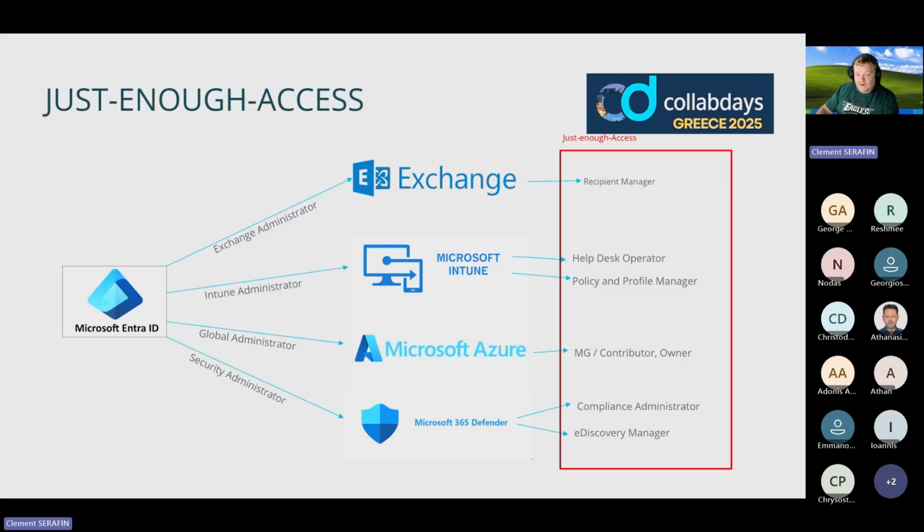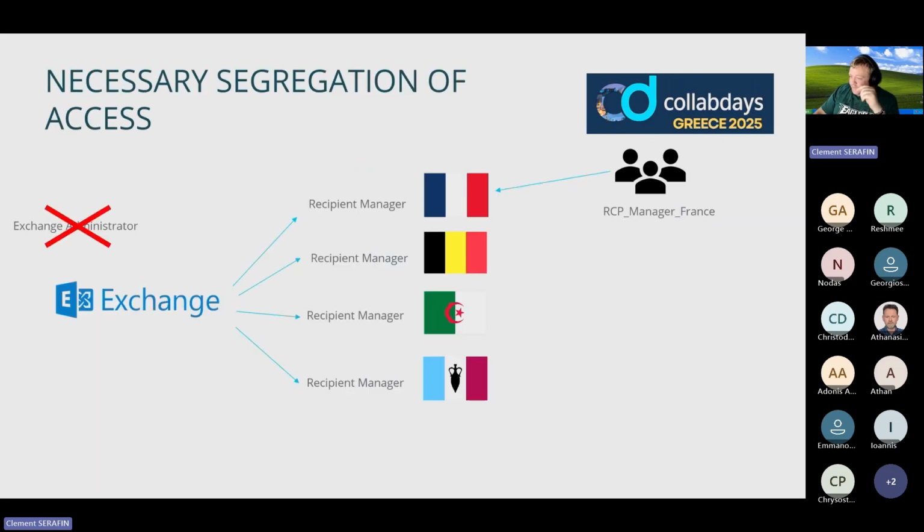So the main goal is to go for the right part. On the right part is the just enough access. Because on the left part, you have access to all the service. So for example, we'll take Exchange. In Exchange, you have the faculty to have recipient manager. You can scope it by country.